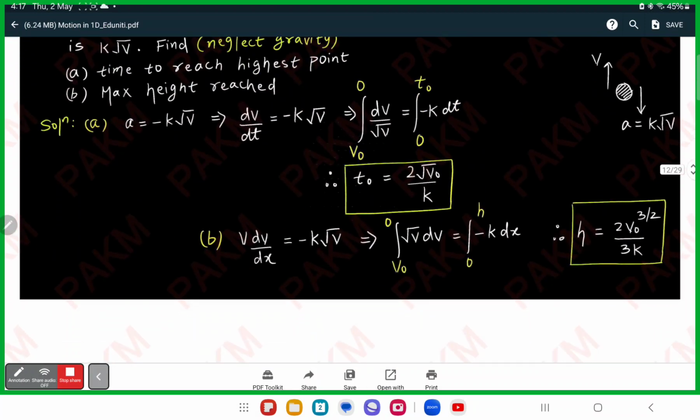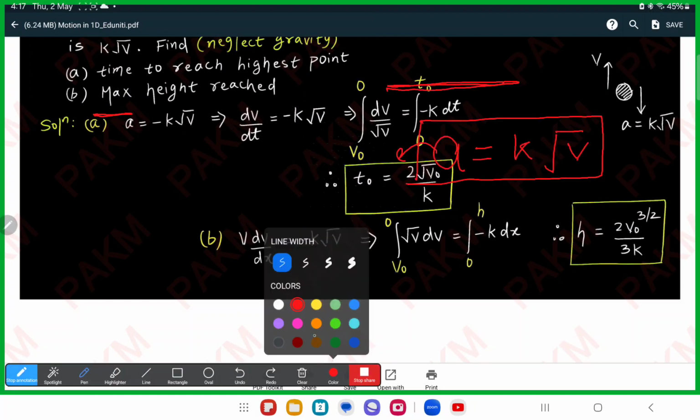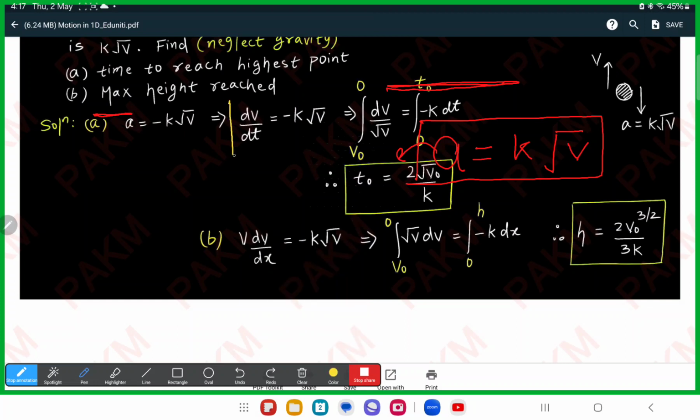Now here we have dv over dt is equal to, with acceleration given in terms of velocity. Because we have to calculate time, I am keeping the expression as dv over dt is equal to minus k root v.